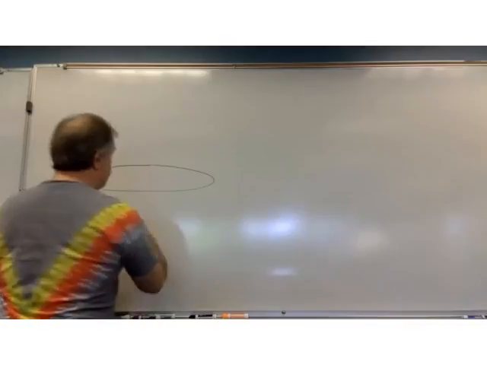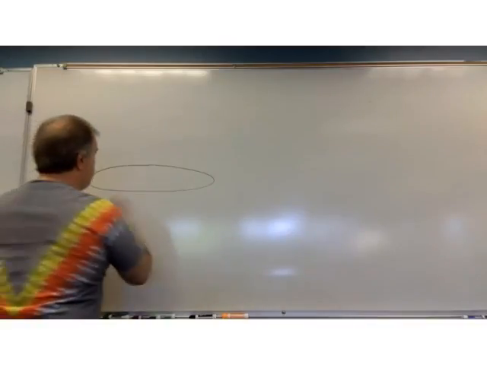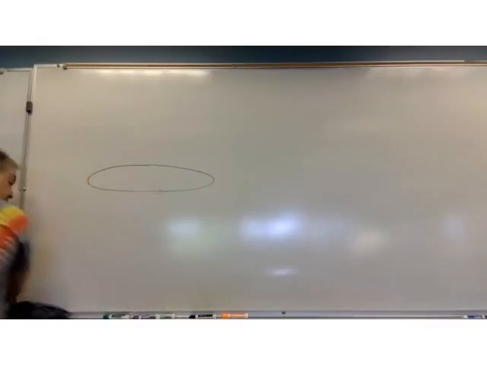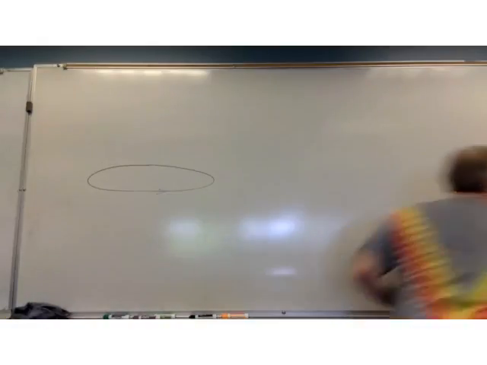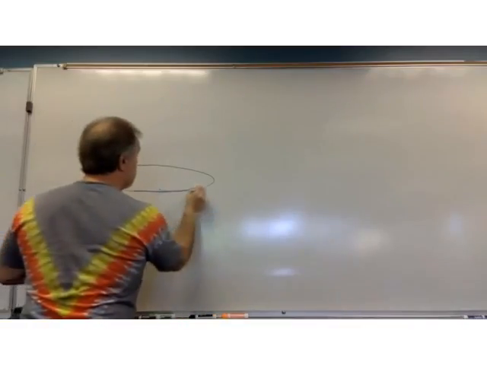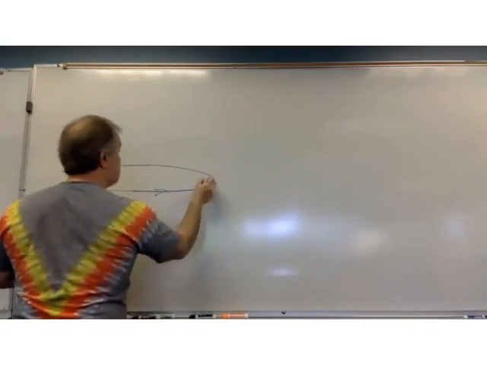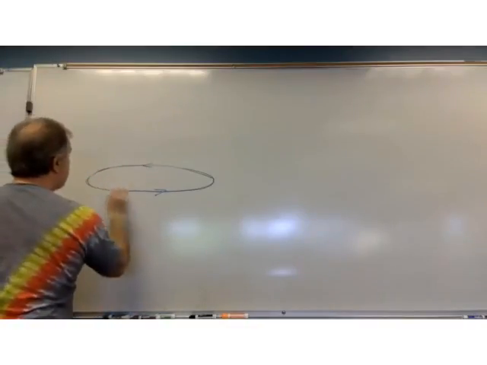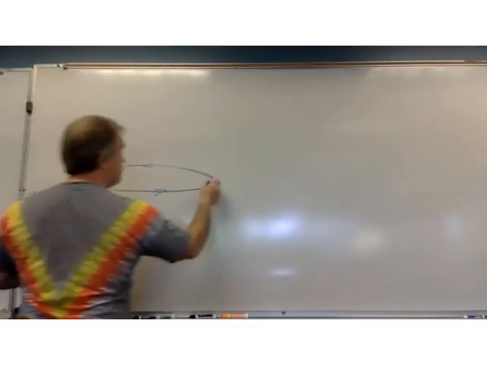And if I run my current, as I said, counterclockwise as viewed from above, it would look like this. And then behind the whiteboard, it's that way. So counterclockwise as viewed from above.